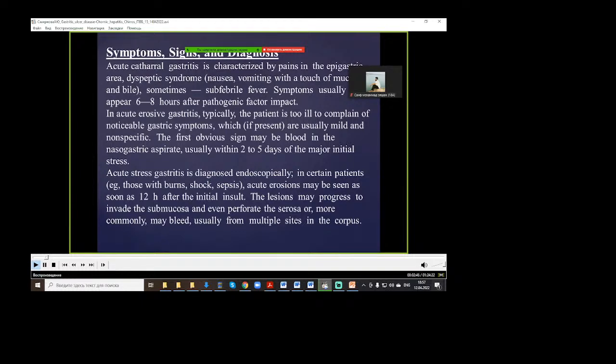The first obvious sign may be blood in the gastric aspirate, usually within 2 to 5 days of the major initial stress. Acute stress gastritis is diagnosed endoscopically.